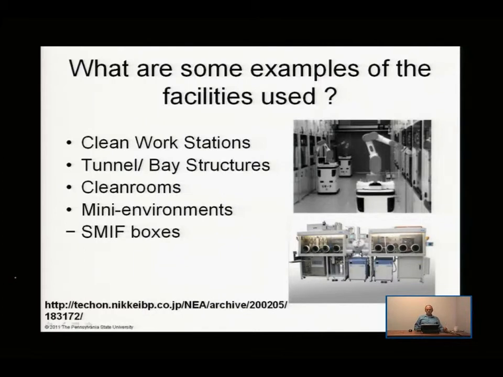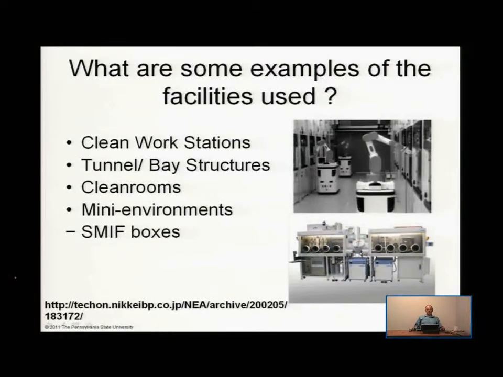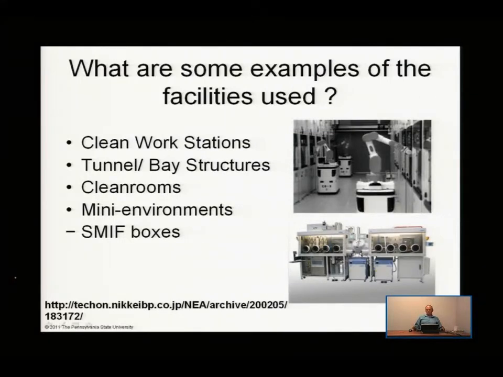So let's get into some specific examples of facilities. And we start here with some facilities that you see on the right side. There's one type of facility. You see the robot, and you see the workstations over here. And here's another type.